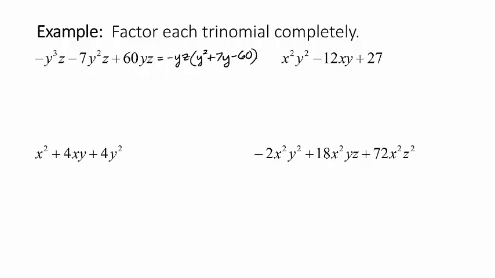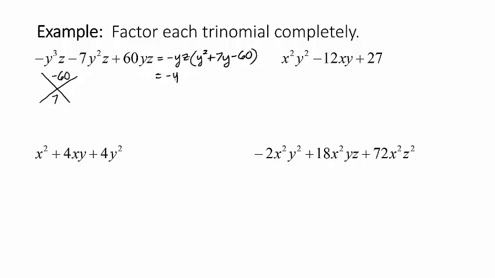So pulling out that negative changes the sign on all of the terms. Now we're going to look at that trinomial of y squared plus 7y minus 60 and ask ourselves, what factors of negative 60 add to 7?